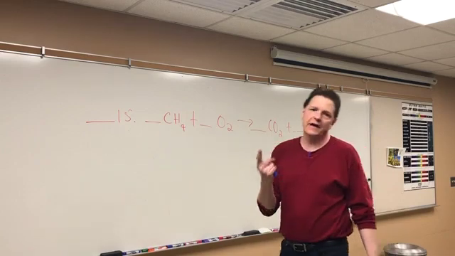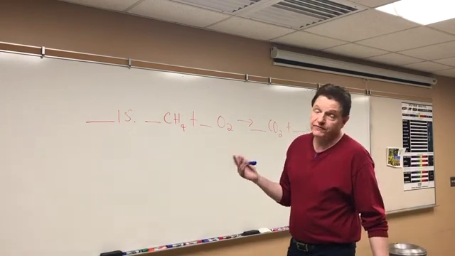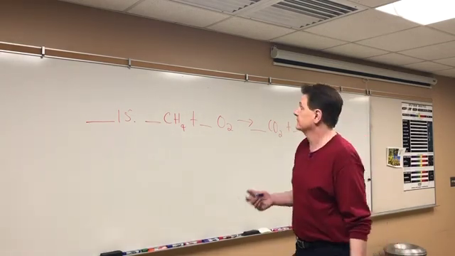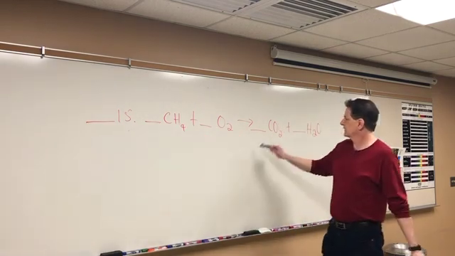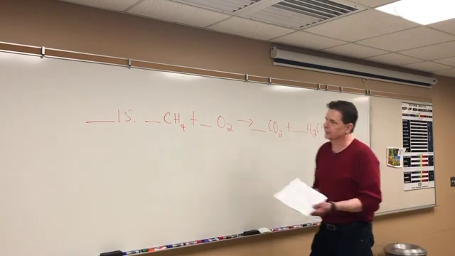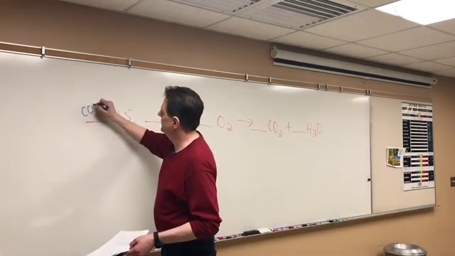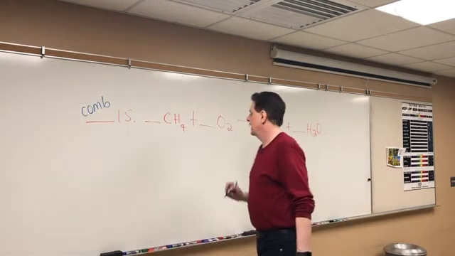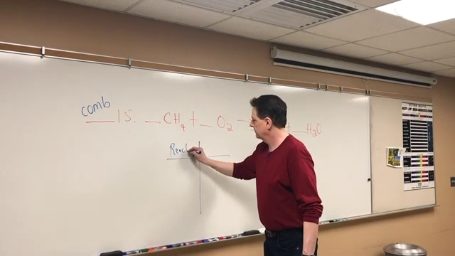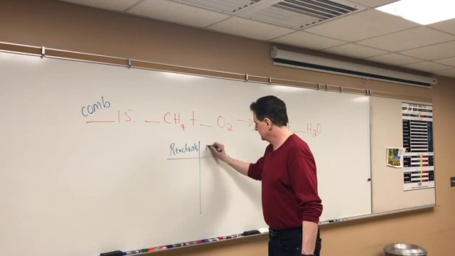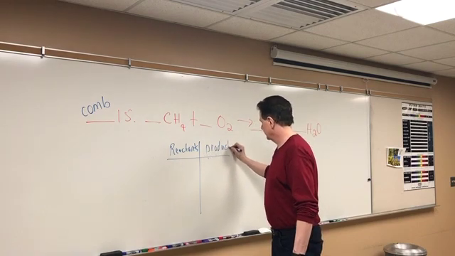Decomp has a single reactant. It's the only reaction of the 5 families that has a single reactant. In this case, I've got a hydrocarbon, I've got oxygen, I've got carbon dioxide and water as the product. It can only be a combustion reaction, which means I'm going to set up my scoreboard and my plan of attack. There's my reactants, there's my products, just like we did in the other one.